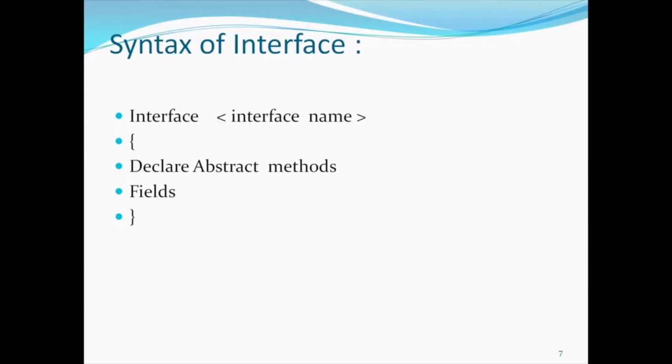The syntax of interface is the keyword interface, then the interface name, then we declare the abstract methods and the fields. The fields should have a value. These things will be discussed in detail when we solve a problem in IntelliJ IDEA.